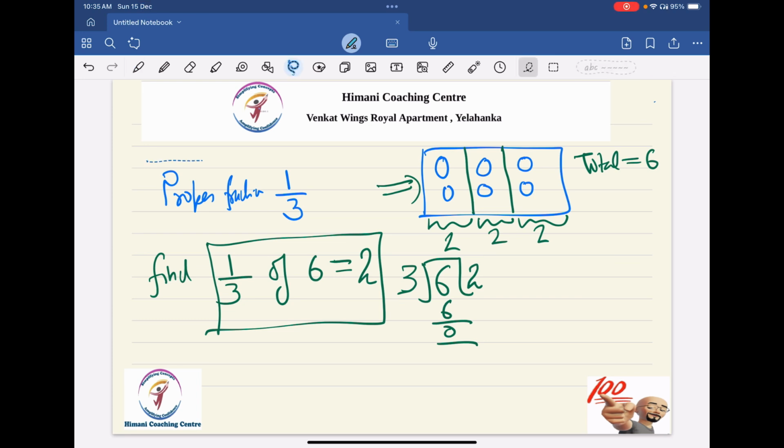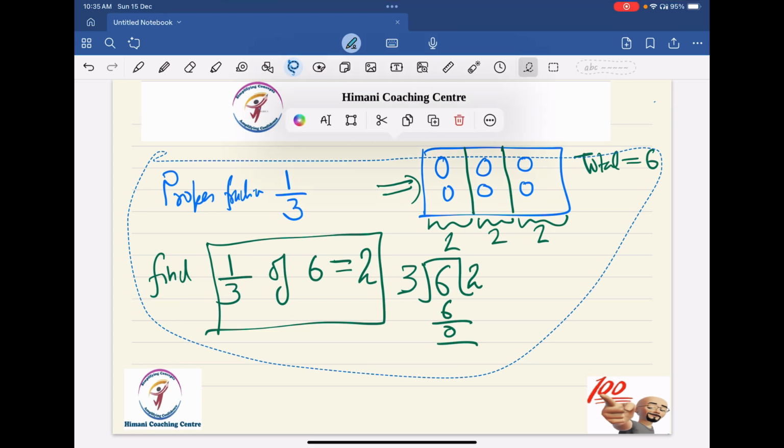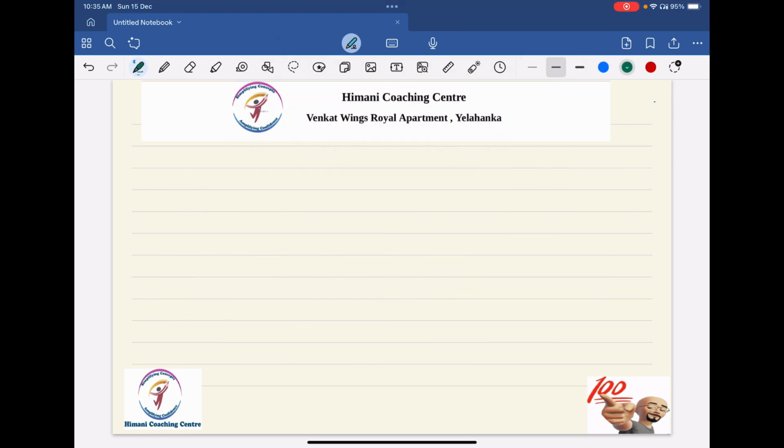So let us find 1 by 3 of 24. What are we doing? We are trying to find 1 by 3 of 24. Okay. See, this means 24 is getting divided by 3.